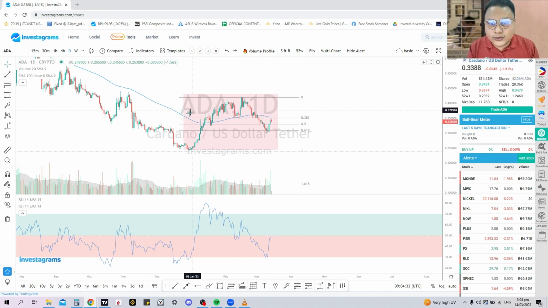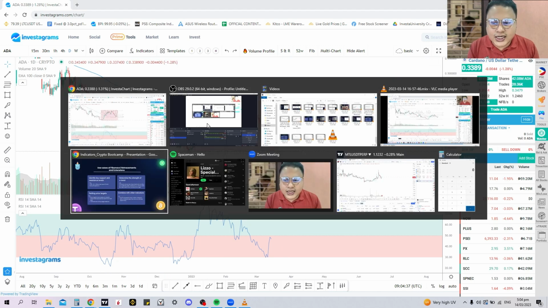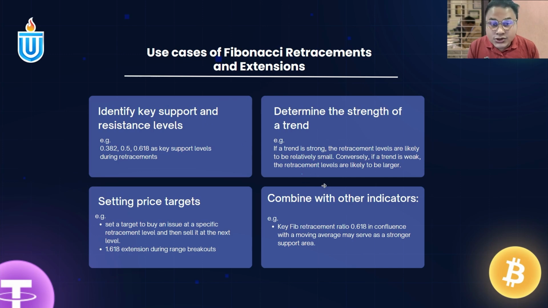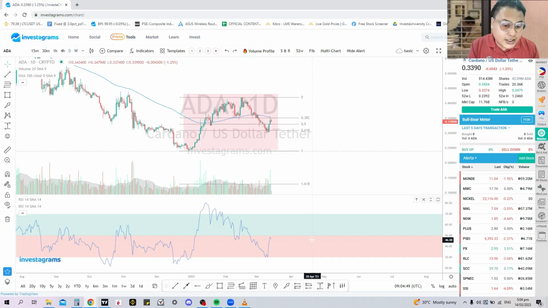Ngayon, what we can see is meron tayong MA100. So, in conjunction dun sa another use case, pwede mo siyang i-combine with other indicators, no? In which pag nasa isang key fib retracement area siya or key fib retracement ratio along with a moving average, it can serve as a strong support area or a resistance area.